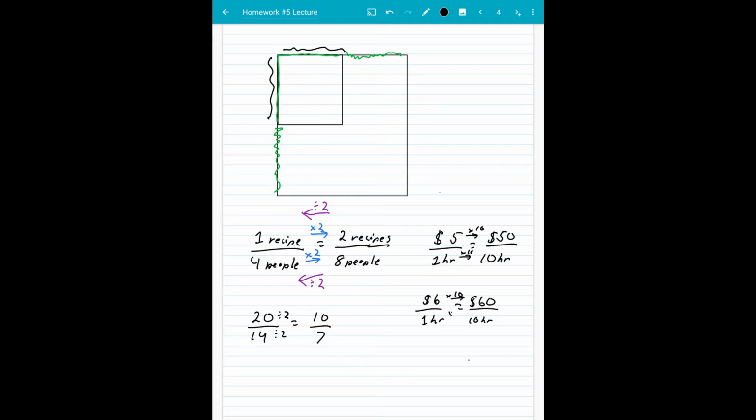Now, not all proportions are equal in that manner, like it's easy. You can see, oh, times 2, times 5, times 10. You double them or triple them. Well, let's take that other example. Say I made $6 per 1 hour.